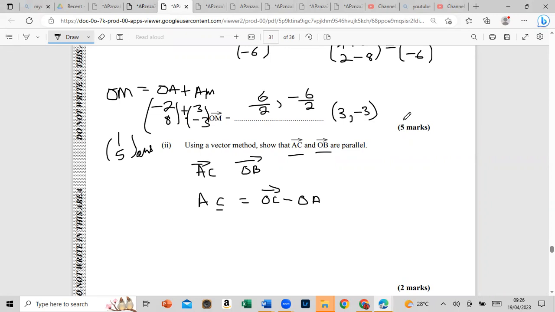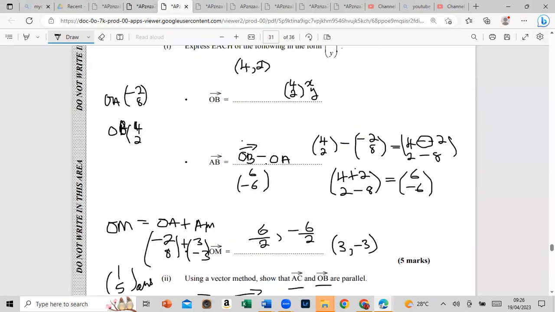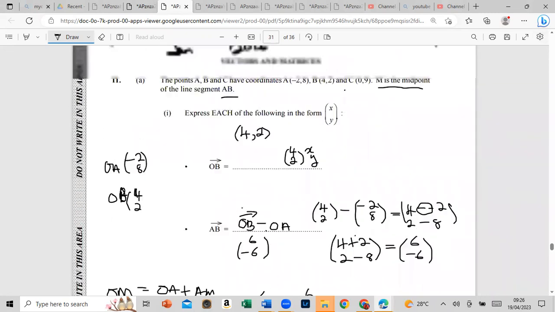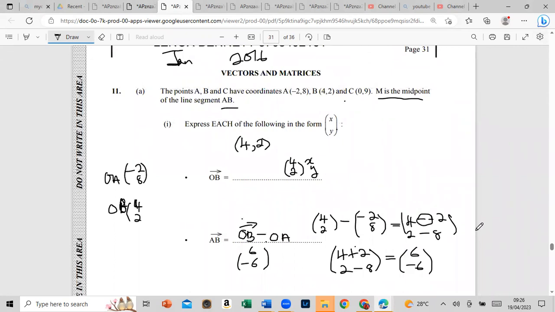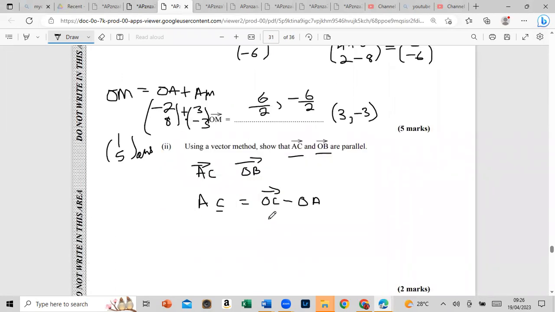So what's OC? We just want to show that we can multiply one to get the other. Alright, so OC was 0, 9, that was given, minus OA. What was OA again? Let's go back up. OA, negative 2, 8.